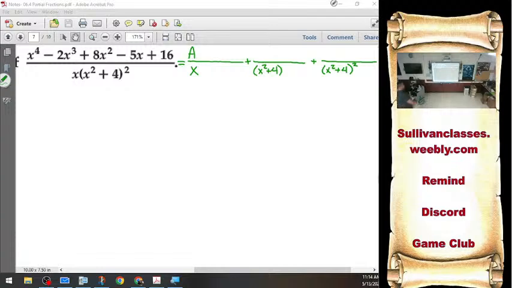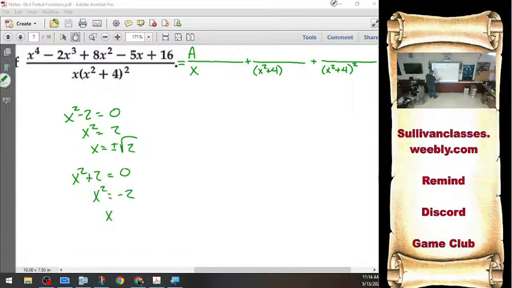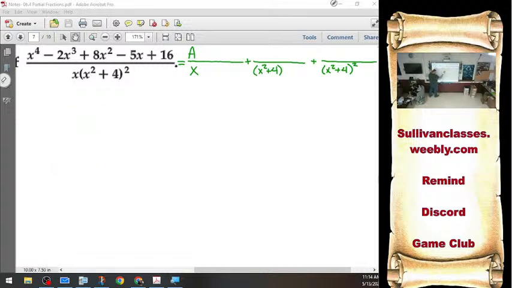Because if it's x squared minus 2, versus x squared plus 2, right? So sum of squares just means you do the same thing, but you got an i in there. Well, I now have sum of squares. I don't want to start factoring and getting common denominators with i's all over the place.